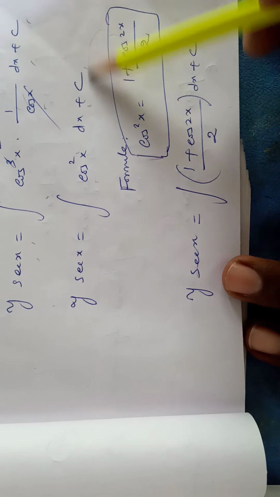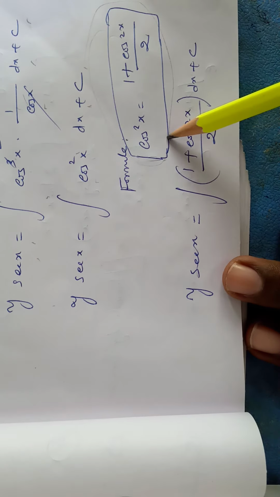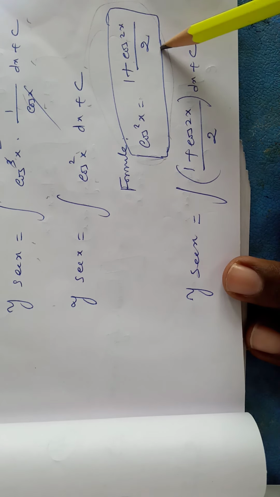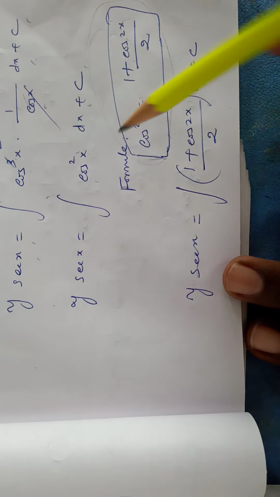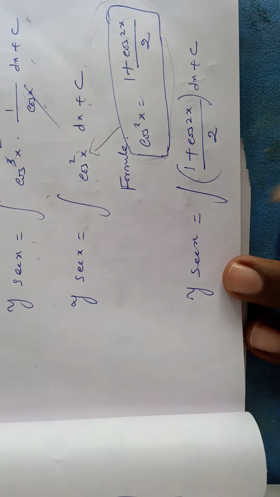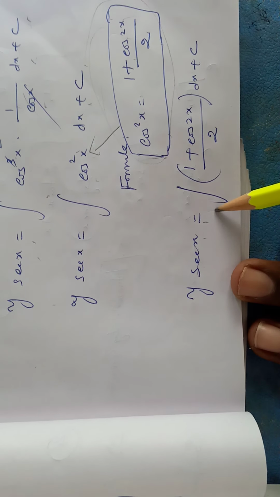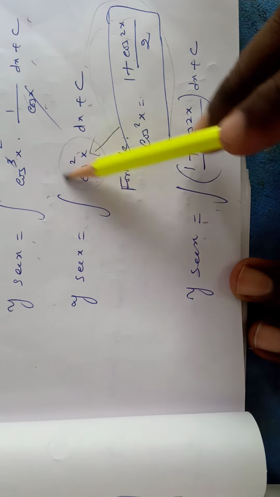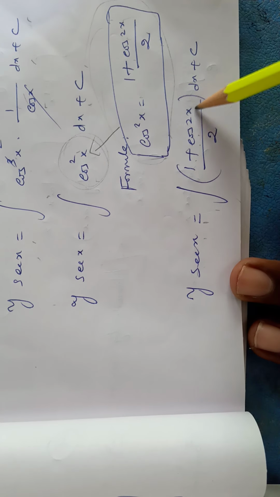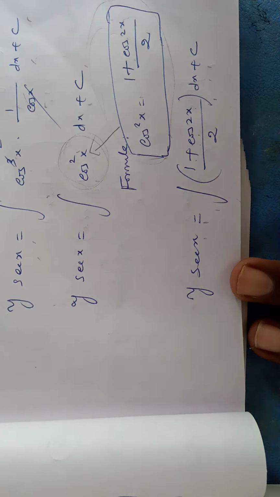Finally, we apply the half angle formula: cos²x = (1 + cos 2x)/2. So y sec x = ∫(1 + cos 2x)/2 dx + c.